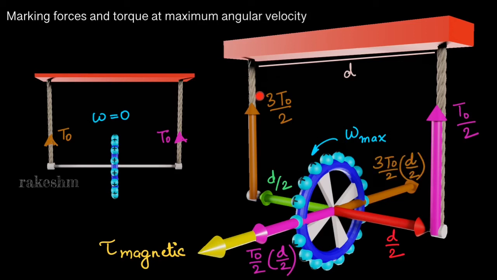Next, the torque due to this tension force is R bar cross F bar, and it will be in this direction. You can get it from the right hand thumb rule, and the value will be 3T0 by 2 into d by 2. As this wheel is in rotational equilibrium, the sum of these torques must be equal to 0.